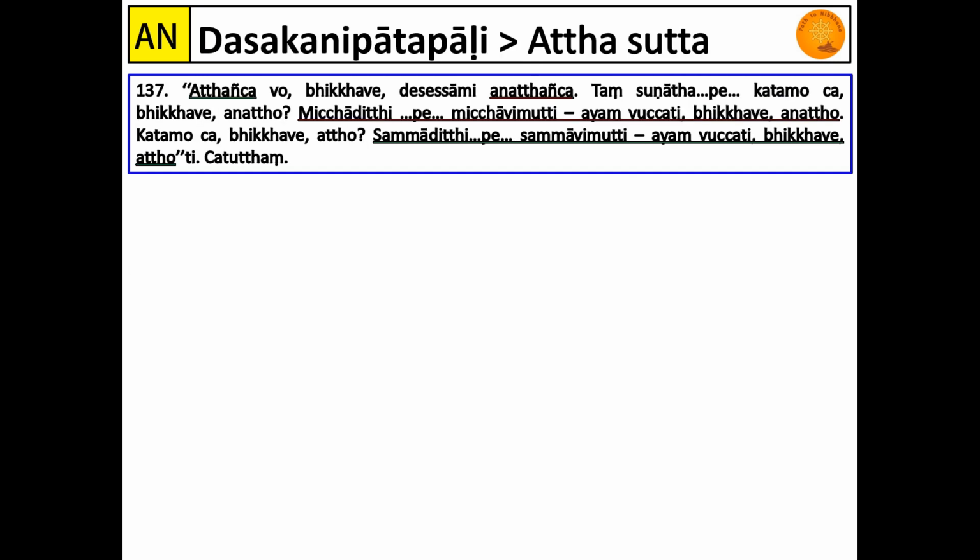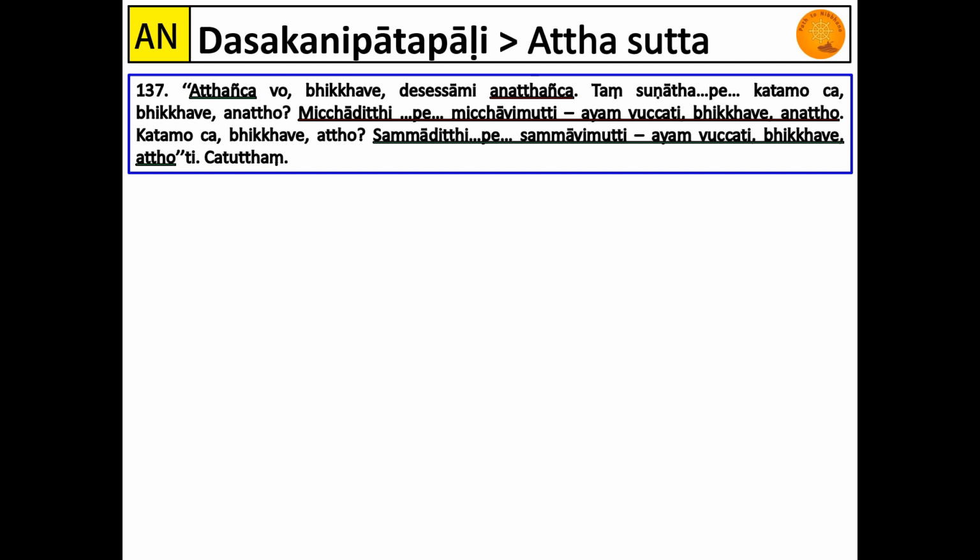Then there is a sutra called Attha Sutra. Attha is the opposite of anatta. Attanca vo bhikkhave desessami. Anattanca vo bhikkhave, no, not anatta, sorry. Katamo ca bhikkhave atta? They are asking what is atta. And then first actually they are asking about what is anatta.